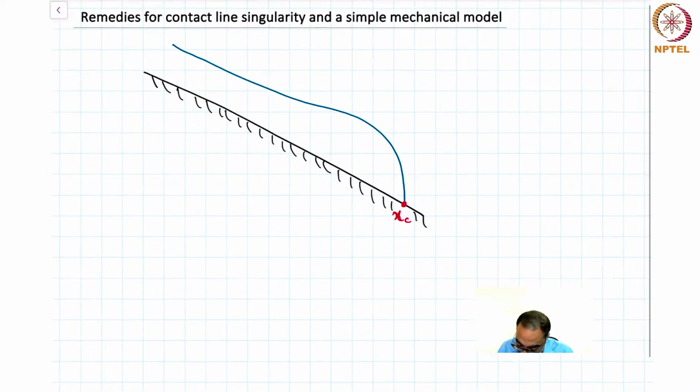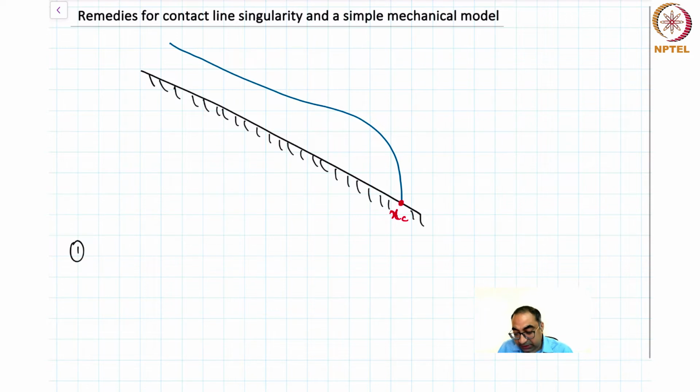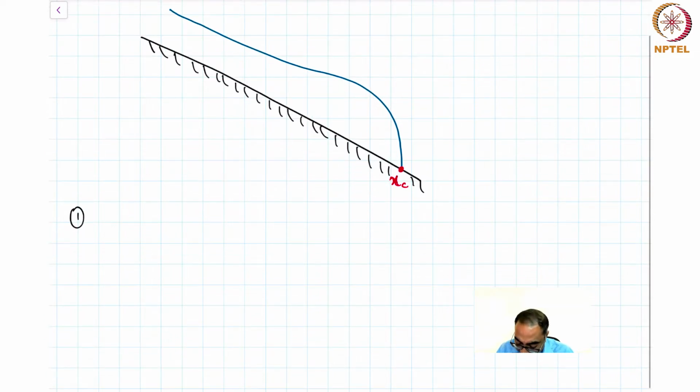The first kind of approach is to say that if the presence of the contact line is the cause of the singularity, how about not having a contact line at all? And how do we do this?